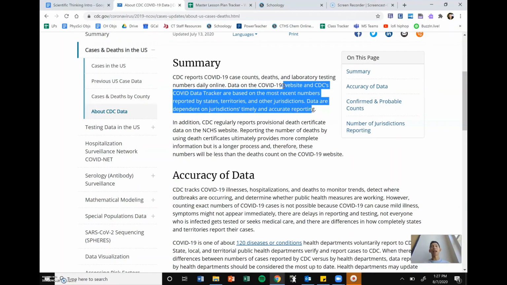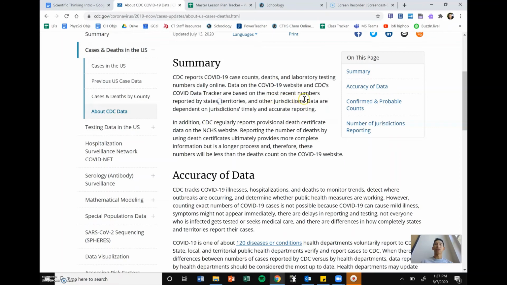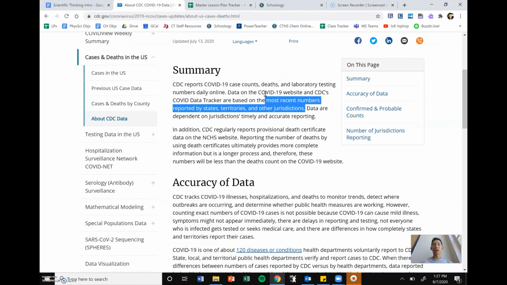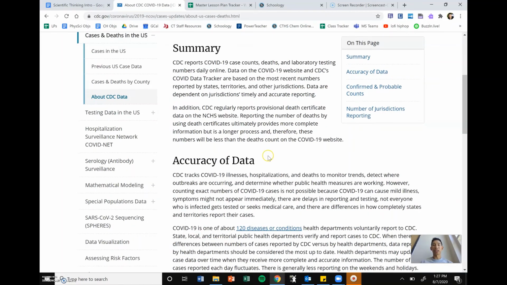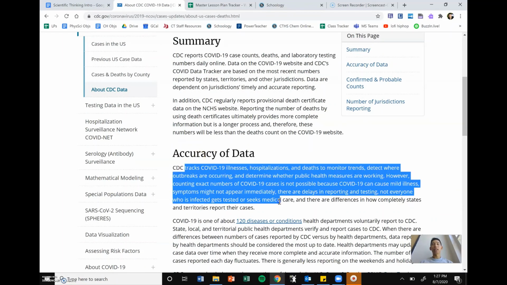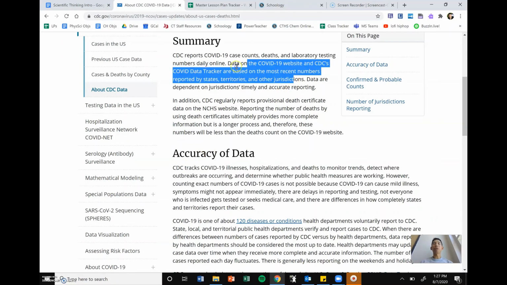Data on the COVID-19 website and CDC's COVID data tracker are based on the most recent numbers reported by states, territories, and other jurisdictions. It talks a little bit about the accuracy of the data, but already here you can make a judgment about whether or not this data is reliable and whether or not it's a primary or secondary source.